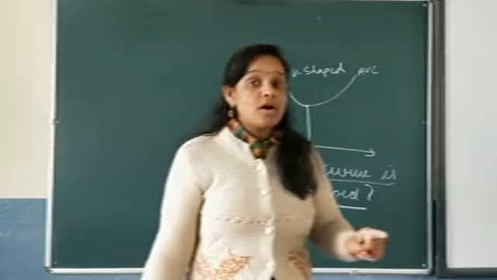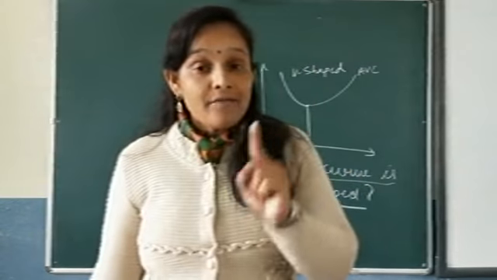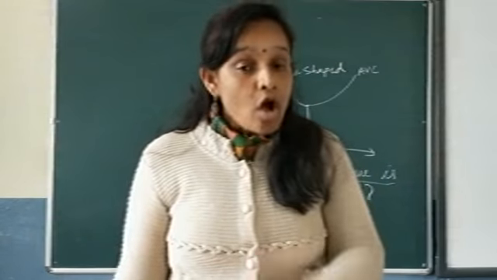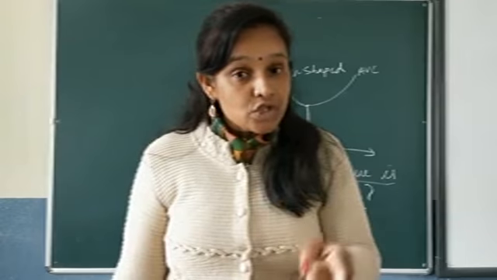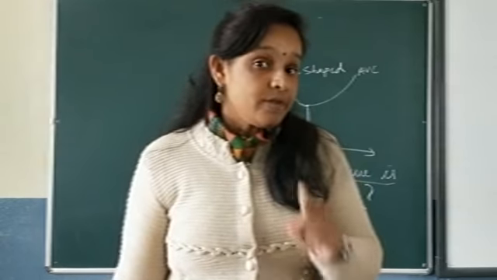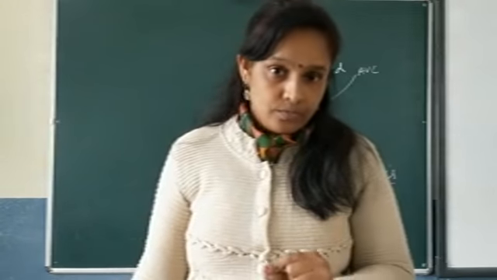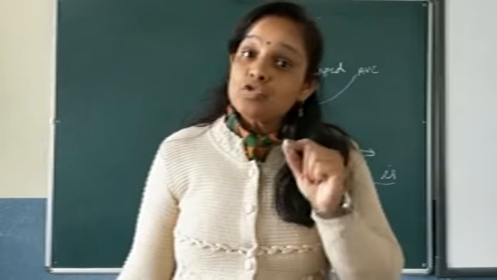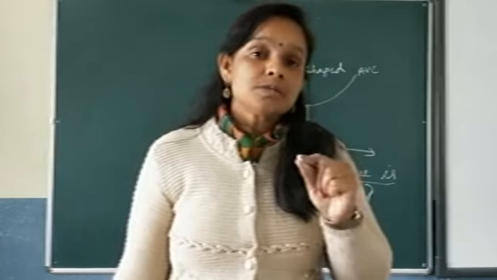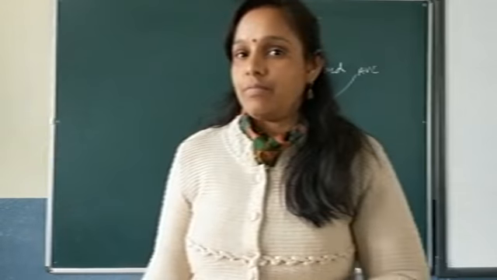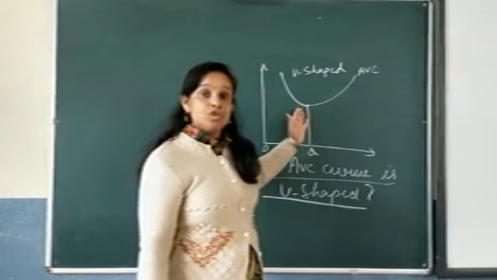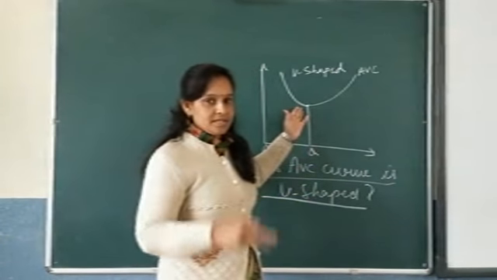So average cost initially is falling, average variable cost initially is falling because of the application of the first stage of the law of variable proportion, that is increasing return to variable factor due to better utilization of fixed factor and specialization and division of labor. So you know the reason कि शुरुआत में average variable cost क्यों decrease हो रहा है? क्योंकि 2 reasons.